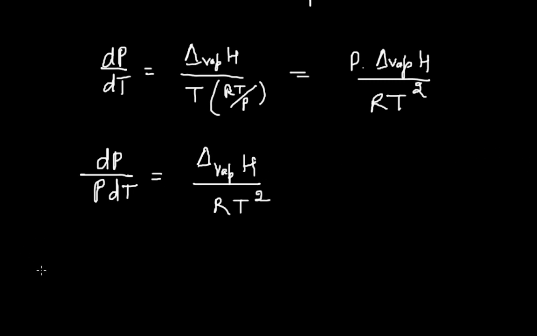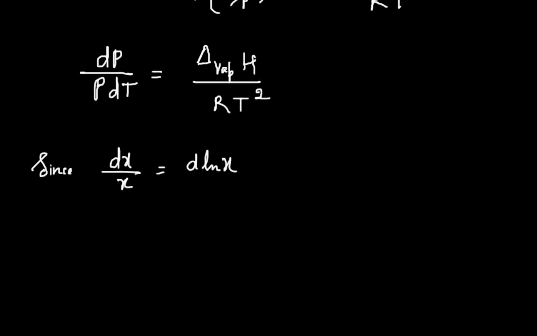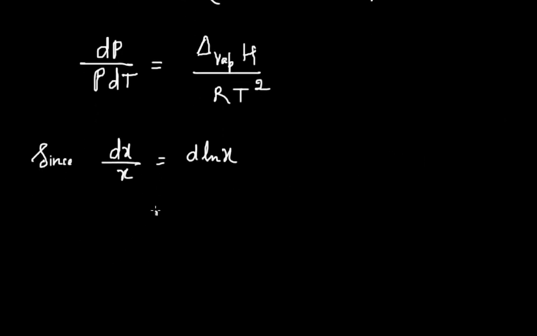And now since dx by x is given by d ln x, dP by P dT can be written as d ln P divided by dT, equal to delta vaporization H divided by R T squared.